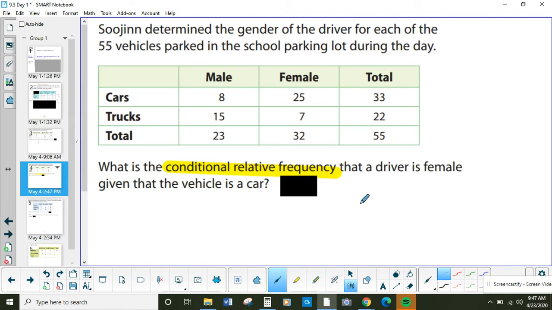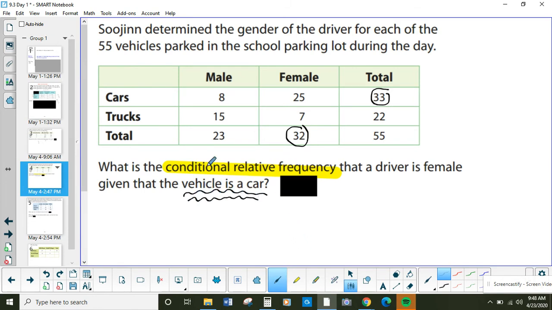Again, you're just finding a percent that a driver is female given that the vehicle is a car. So given that the vehicle is a car is our total. So I go and I look at all cars. I don't get my total from females. I get my total from cars this time because of the question.